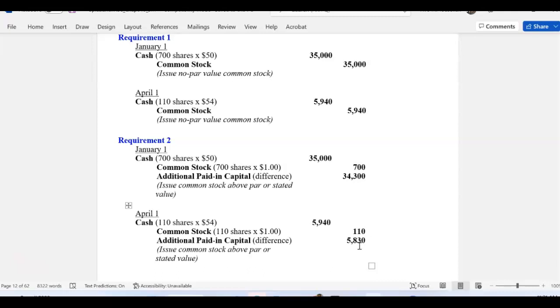The difference goes in additional paid in capital, common stock. Par value or stated value literally has the same meaning. In some companies, they call it par value. In some corporations, they call it the stated value. Either way is the same thing.